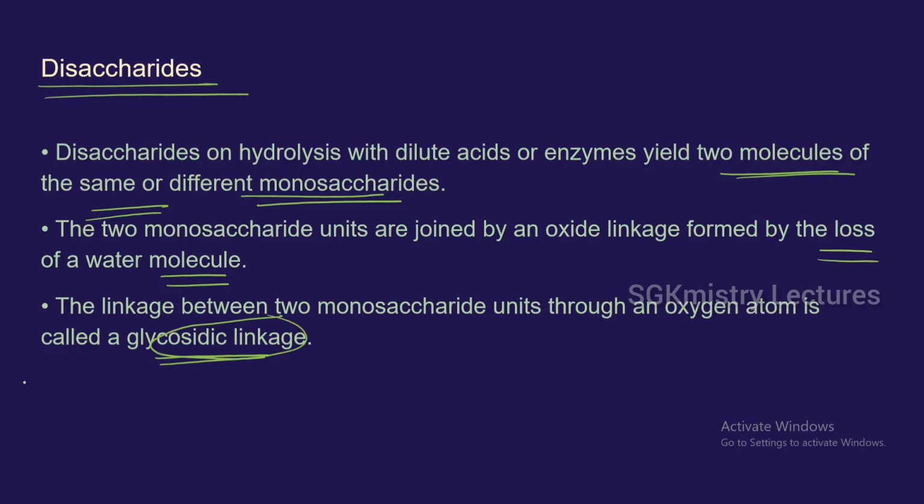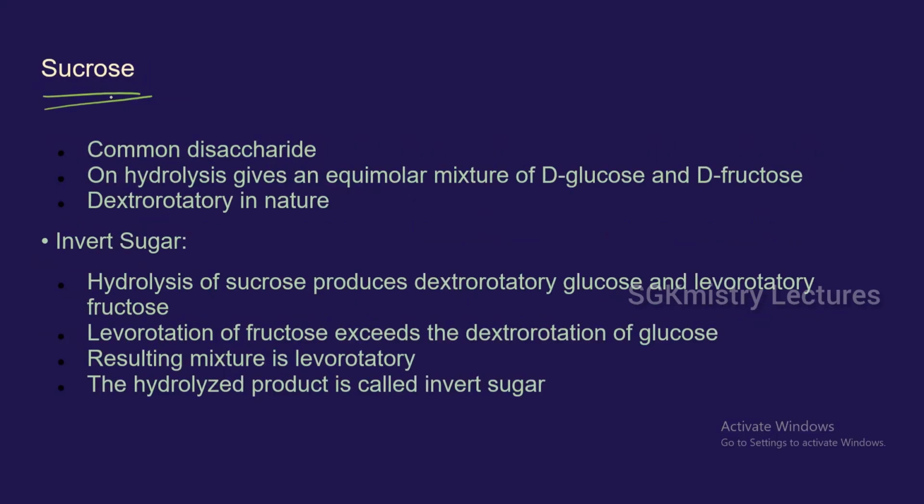Now talking about sucrose. The sucrose formula is C12H22O11. We have already seen in the manufacture of glucose that sucrose on hydrolysis gives equal amounts of glucose and fructose. So we know that sucrose is made up of two monosaccharides, D-plus-glucose and D-minus-fructose.